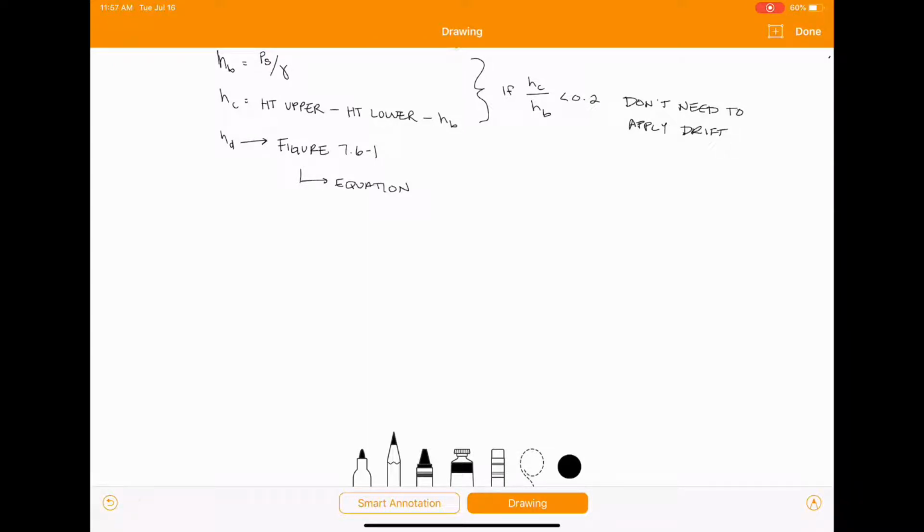And for that equation, your LU is going to be different if you're calculating your windward or your leeward. So LU is going to be the length of your lower roof when you're calculating for windward drift. And it's going to be the length of your upper roof when you're calculating for leeward drift.